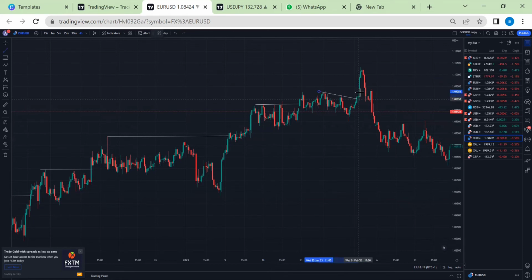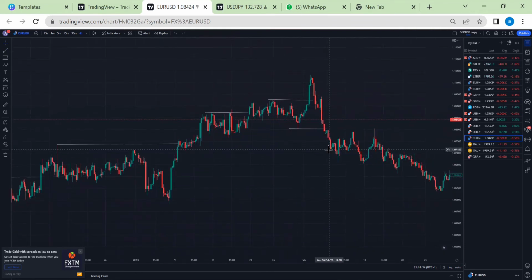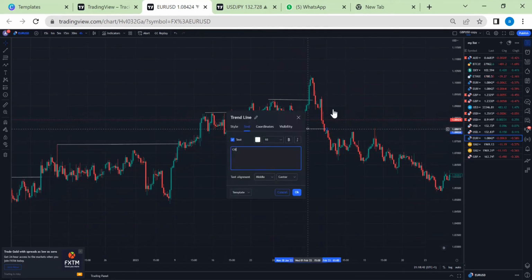Can you see? We had the last BOS here, and this is our last higher low, right? So this was broken. Eventually, the higher high got strength to break the higher low, and we have a change of character. Okay, we have a change of character, CHoCH.